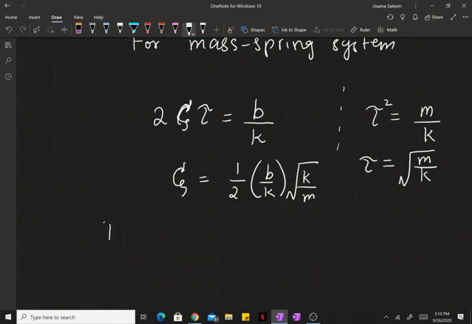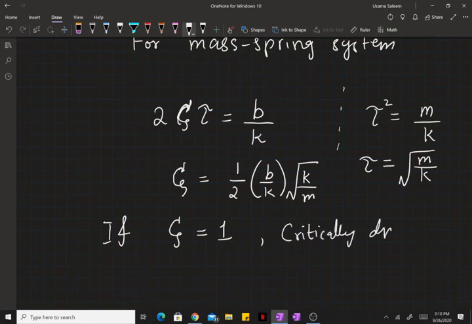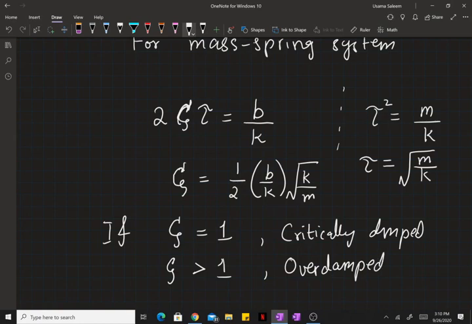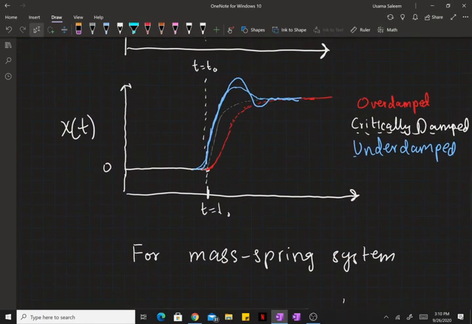Okay, if the value of eta is equal to 1, we're gonna have a critically damped system. If eta is greater than 1, we're gonna have an overdamped system, and the response looks something like the one that's shown in the red curve.